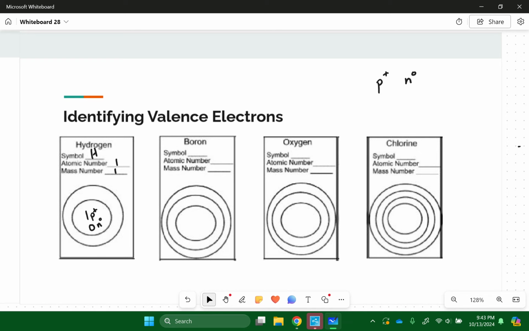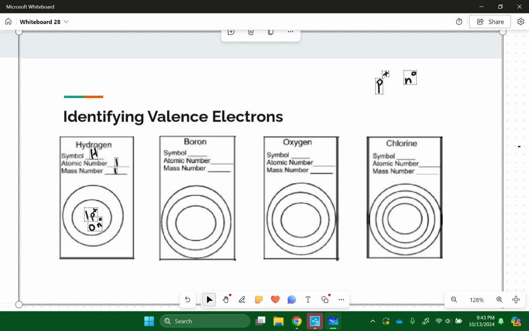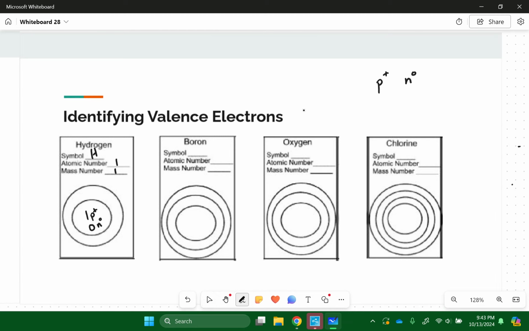The lowest energy level is this first ring right here. So I'm just going to put 1 dot right here. I'm just going to represent my electrons with a dot. Now, this is my completed Bohr model for hydrogen.